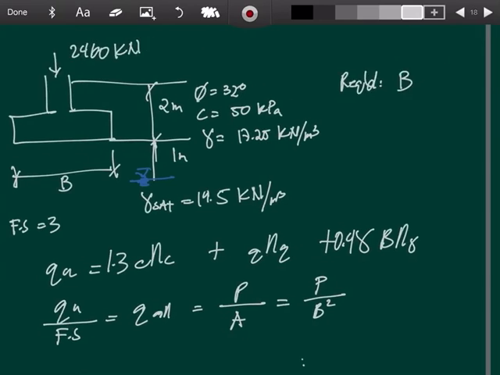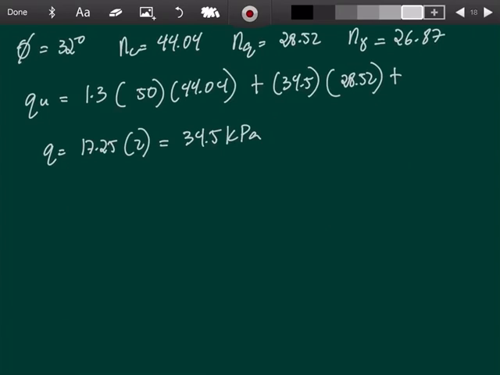So for case 2, the gamma is equal to, ano yung gamma natin sa case 2, class? Gamma buoyant plus D, where D is the difference of the depth of the water table and the depth of the footing, times gamma minus gamma buoyant, over B. At ang gamma buoyant natin ay gamma sat minus gamma of water.